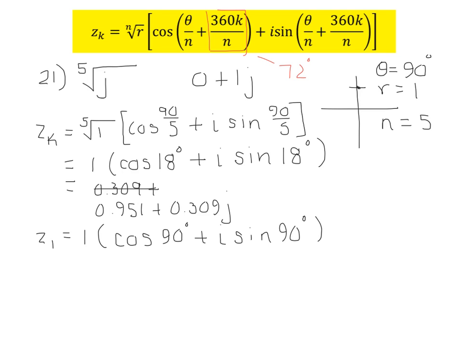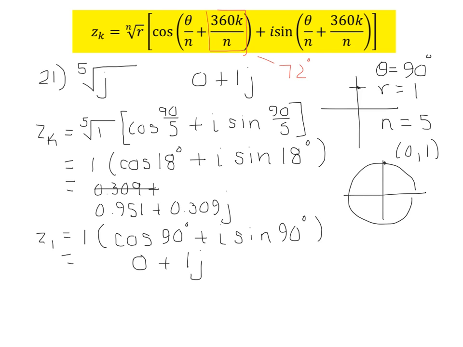Cosine of 90, if I look at my unit circle, here at 90 degrees, I know my coordinates are 0 and 1. Cosine is the x-coordinate, so cosine of 90 degrees is 0. Sine of 90 degrees is the y-coordinate. So my second fifth root of j is 0 plus 1j.